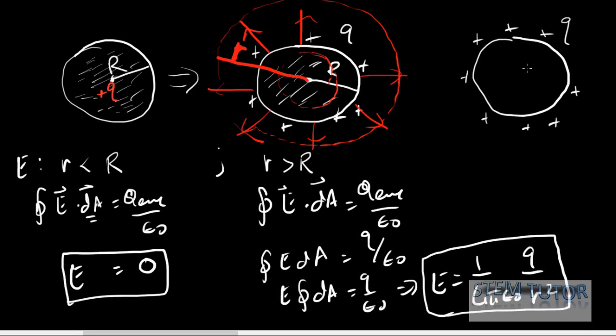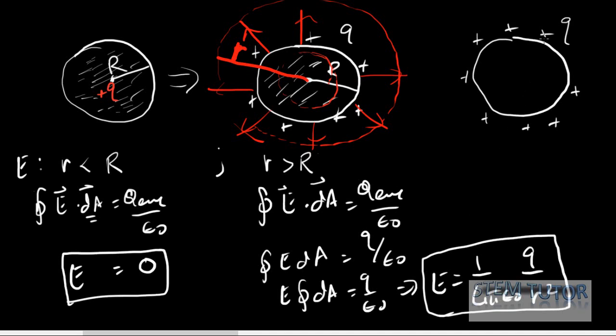There's no charge inside the hollow conductor, so the electric field is 0. And outside, when you draw your Gaussian surface, you take a sphere again, and you end up getting the same expression. So whether your metal is hollow or not, as far as the distribution of charges and the electric field that's produced, it's the same thing.